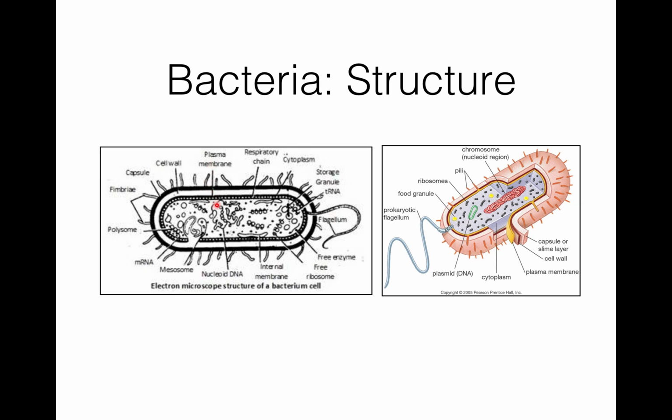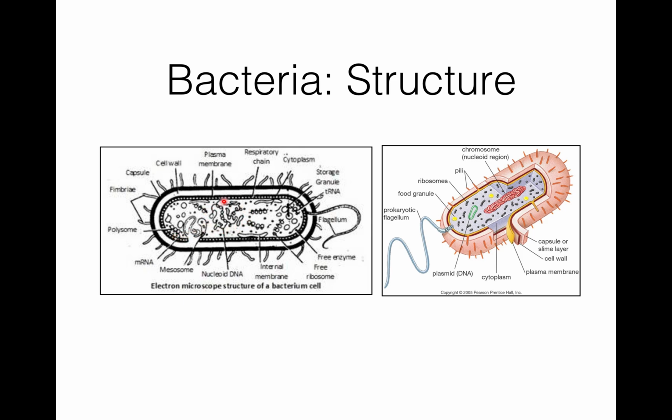Now, beneath the plasma membrane, there is a respiratory chain. Here you can see the mesosome, which is also a respiratory organ of bacteria. Then this is the cytoplasm. In the cytoplasm, you can see some organelles floating, that is tRNA, storage granule, free ribosome, polyribosomes, mRNA.